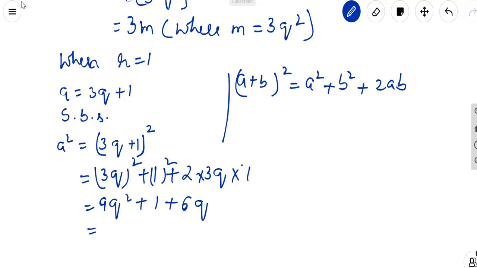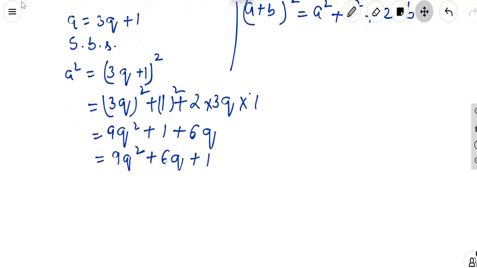Now I'll write this equation in the proper form. So 9q square plus 6q plus 1. Okay, now it should be in the form of either 3m or 3m plus 1.